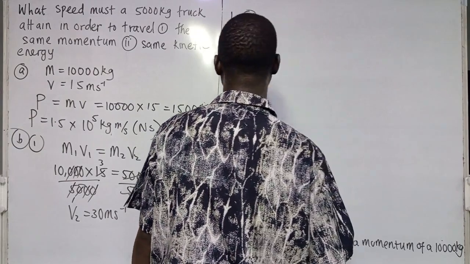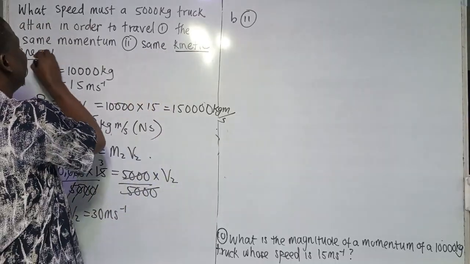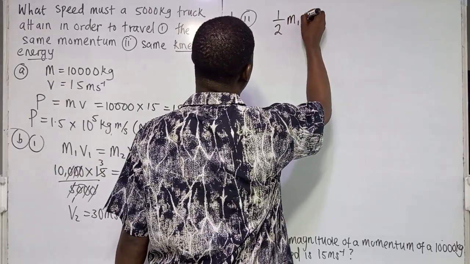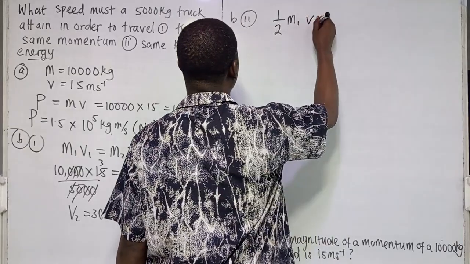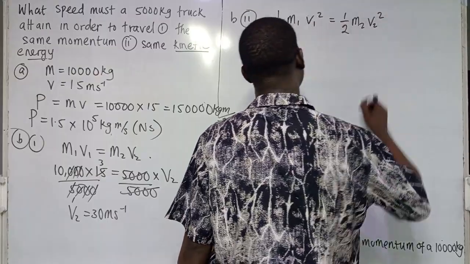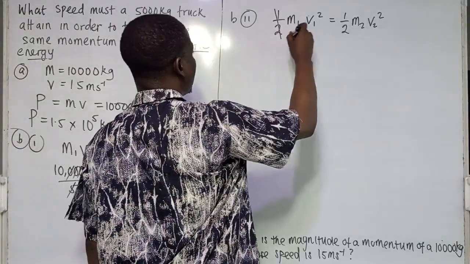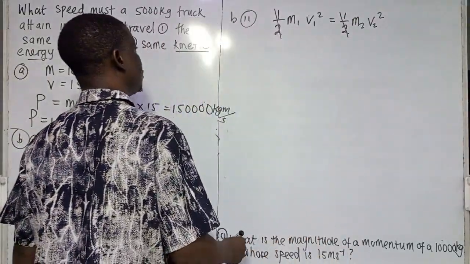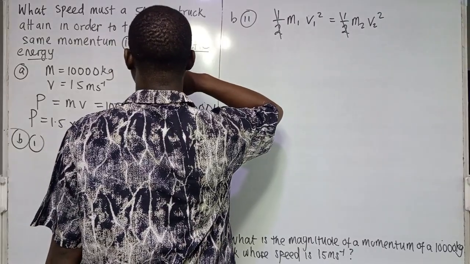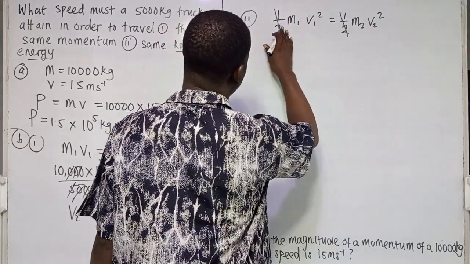It says the same energy, specifically kinetic energy. For them to have the same kinetic energy, it means that half M1 V1 squared is equal to half M2 V2 squared. So let's say this one cancels this.